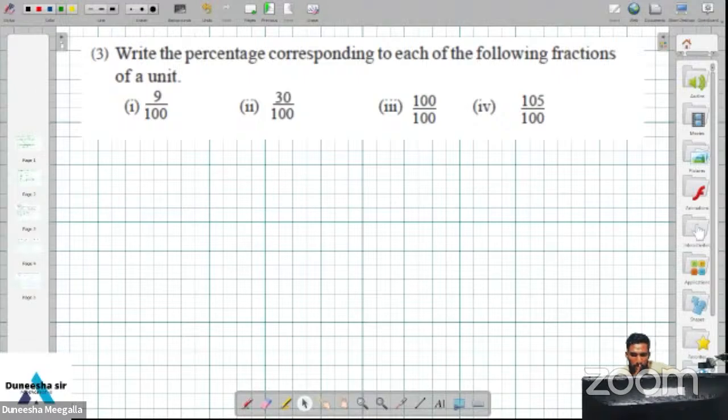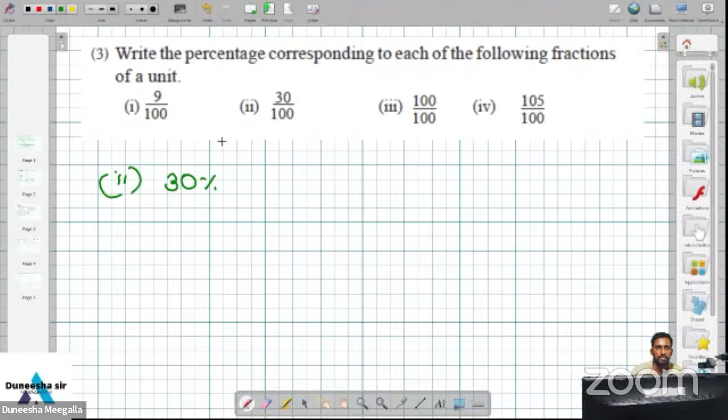Hirun, Netuli, after you finish, raise your hand. Okay, what is the first one? Is 9%, you said. Then the second one is 30%.